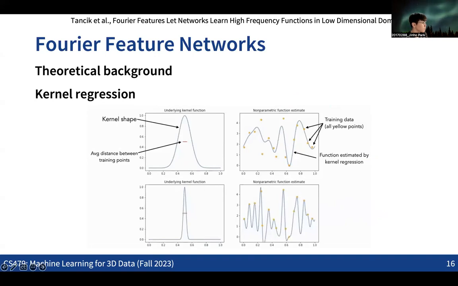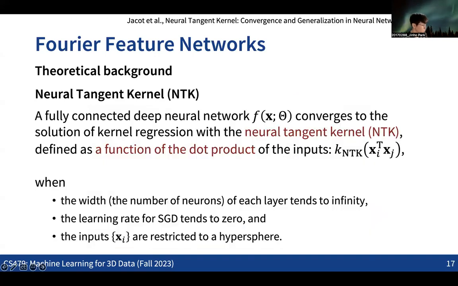And what people have shown based on theoretical analysis is that, with some loose assumptions, we can think of training the typical neural net as finding a function which converges to the solution of kernel regression with a kernel called the neural tangent kernel.